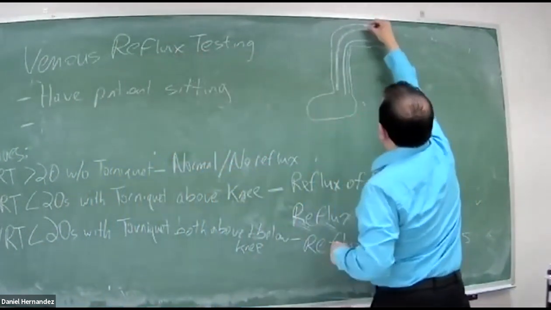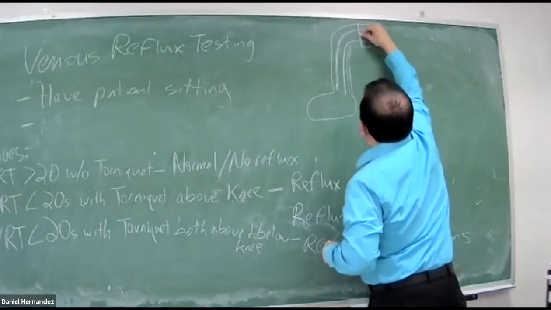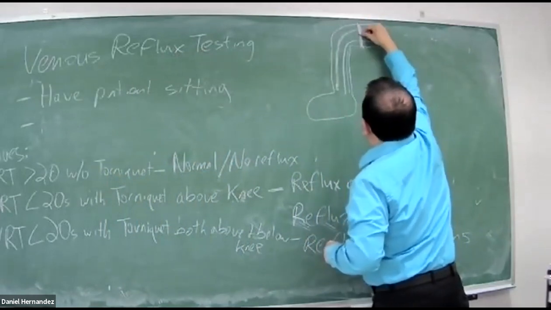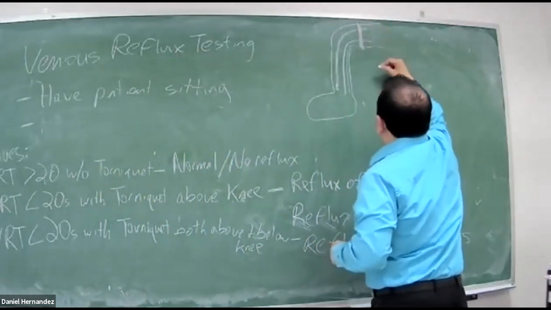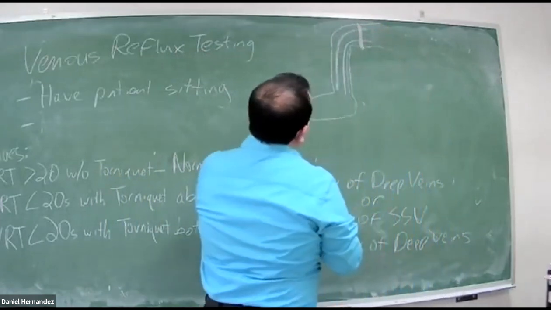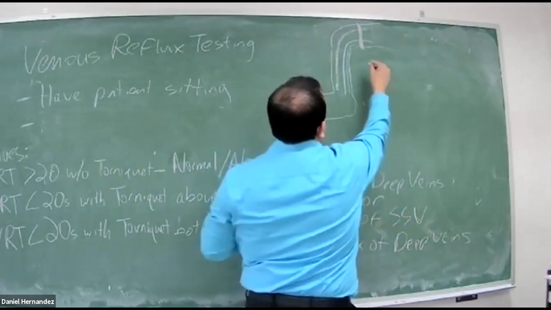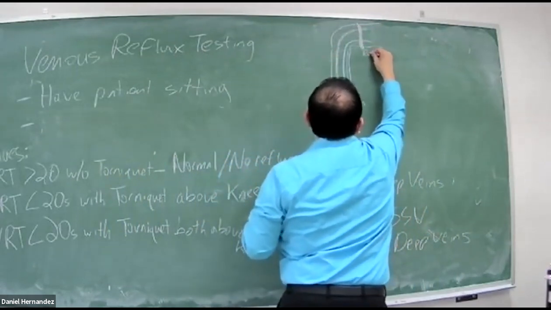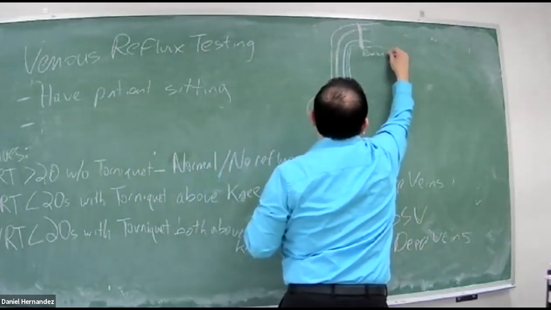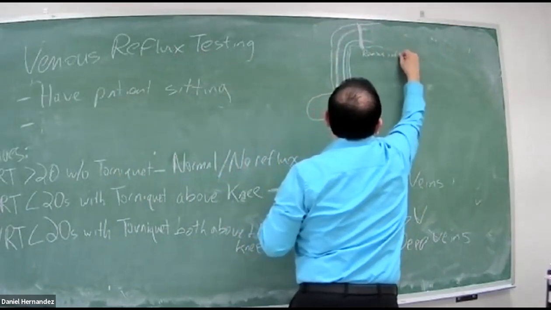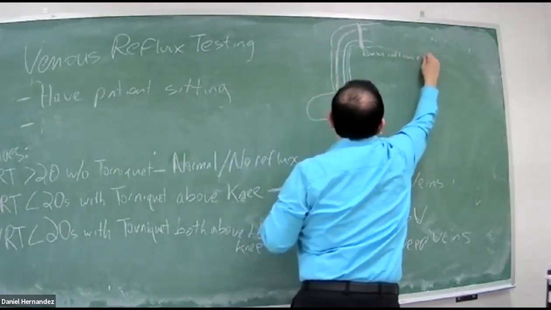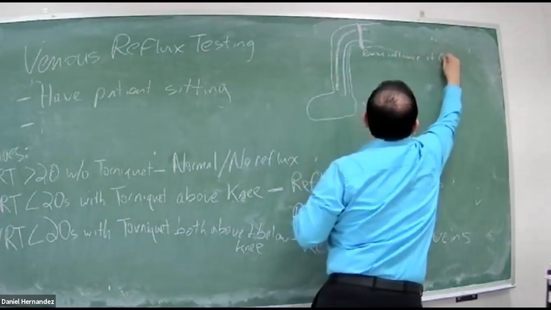So if we place our tourniquet above the knee here, we're now removing the influence of the greater saphenous vein. So it removes the influence of the GSV.